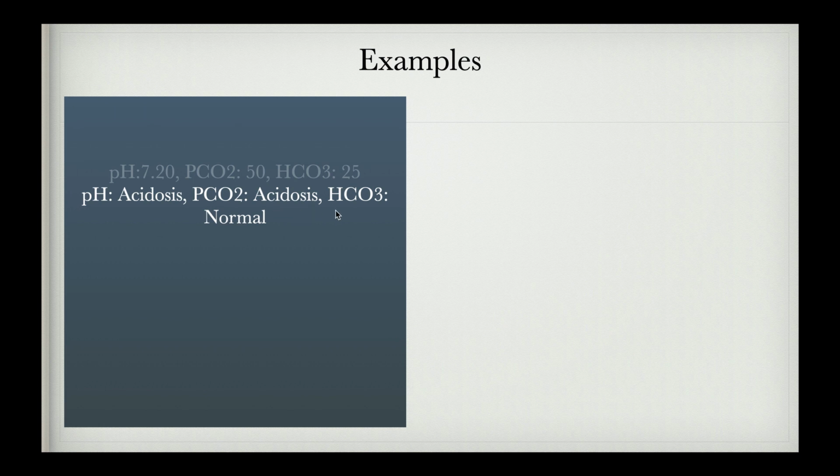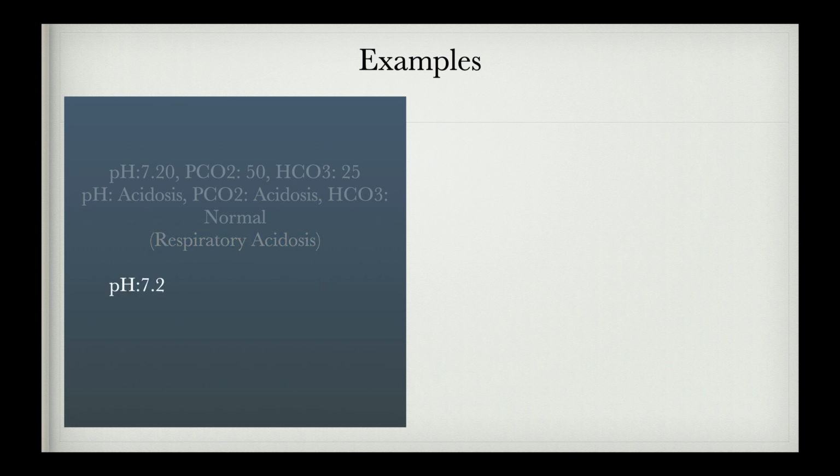But the bicarbonate is 25, which is normal. And so over here, we say there is respiratory acidosis, because the pH is low and the carbon dioxide is high. And so they are going in opposite directions. And so it is respiratory. And since the pH is low, there is acidosis, hence respiratory acidosis.